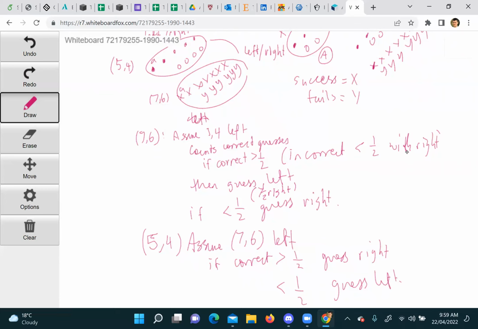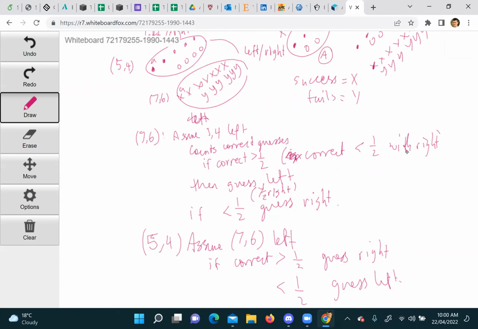So the time that they're going to be, wait, I should say correct, not incorrect. Yeah, so 5-4 looks at the strategy and is like, okay, let's have a look at what 7-6 is doing, right?